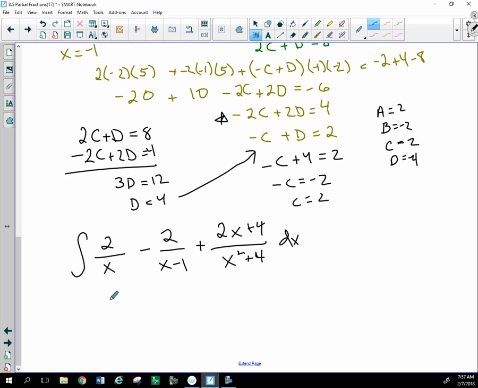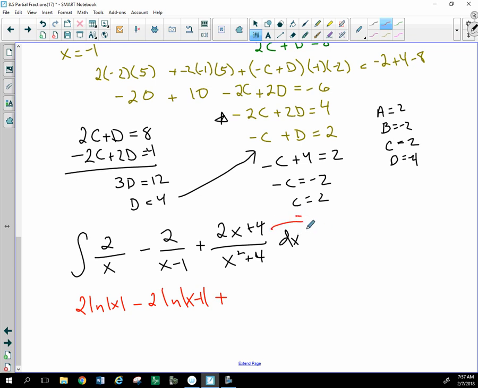And so now I get to integrate this thing. And when I integrate it, this one becomes 2 times the ln of x, and then, sorry, I got my sign wrong there, minus 2 times the ln of x minus 1 plus, now this last one can be broken into two different things that we can take the derivative of because we're adding them together.